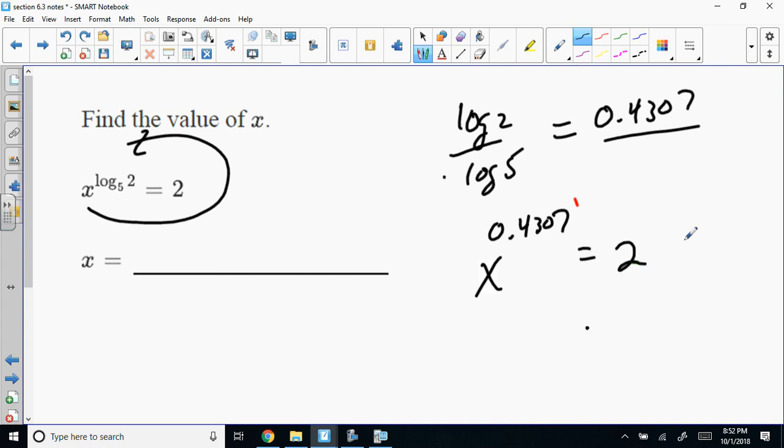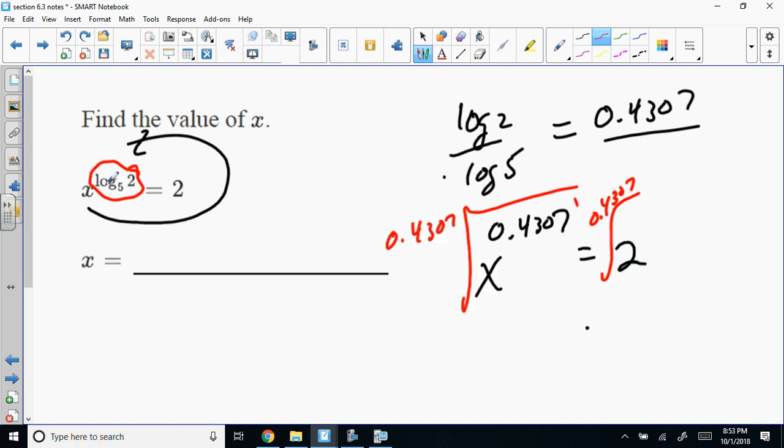So how do you get rid of something raised to the 0.4307? Raise it to the, right? If that was x squared, we'd take the square root, right? So I evaluated log base 5 of 2 to get 0.4307, right?